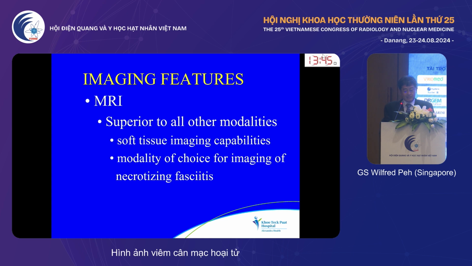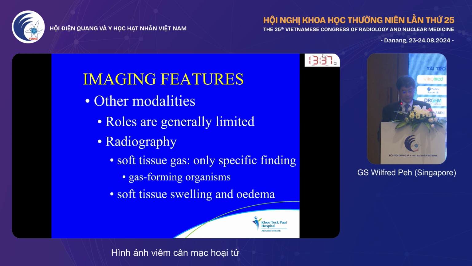Okay, so MRI is the preferred imaging modality because it shows the soft tissue the best, and it is the modality of choice for necrotizing fasciitis. The roles of the other modalities are generally limited.